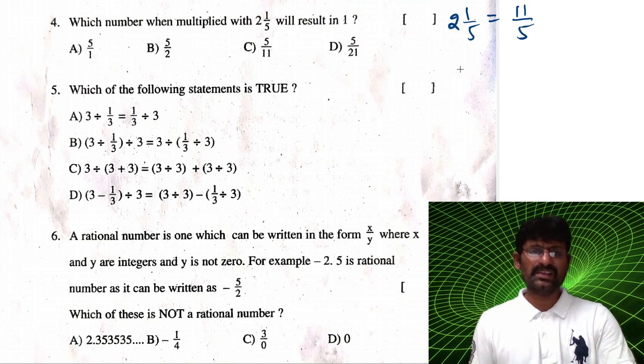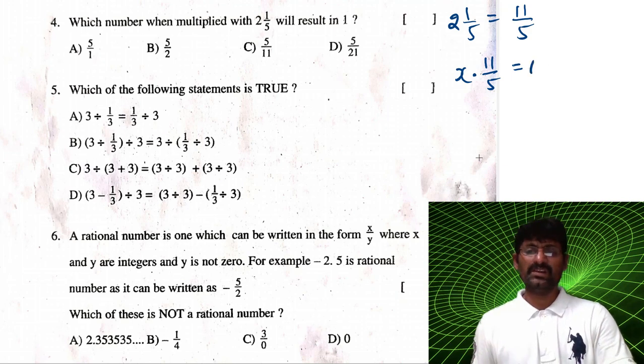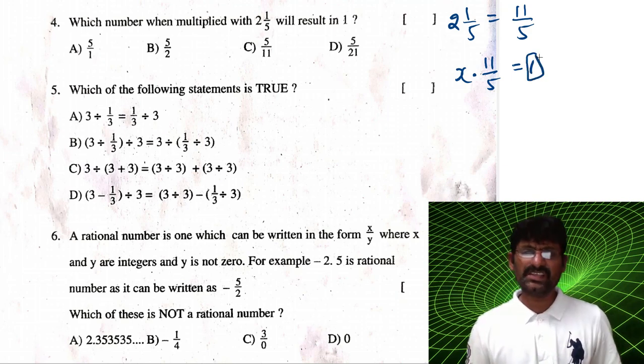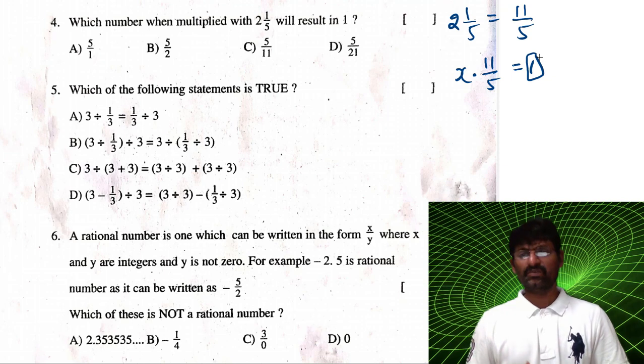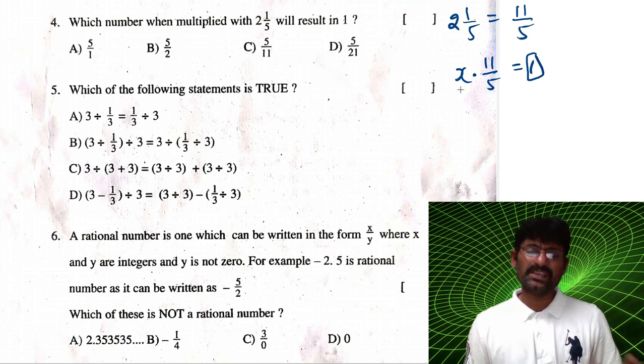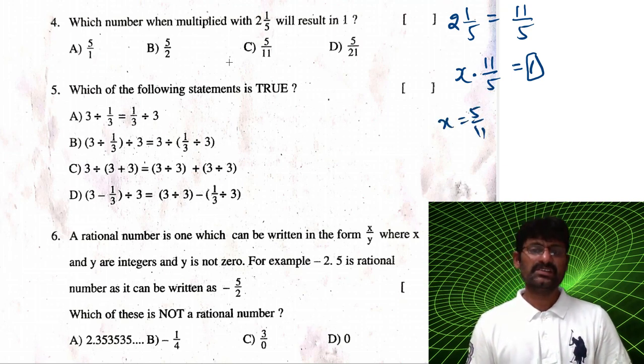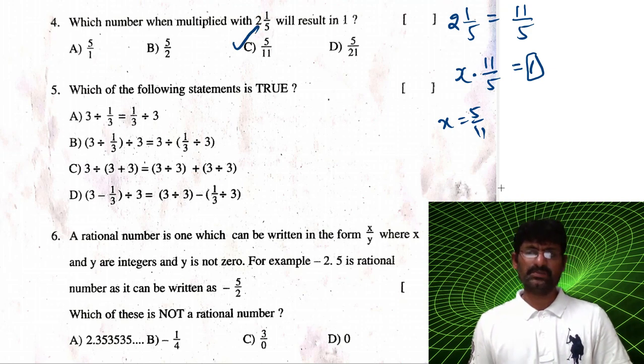Suppose the number is x. x multiplied with 11 by 5 results in 1. 1 is the multiplicative identity we know. So x is the multiplicative inverse or reciprocal of 11 by 5. So x equals 5 by 11. C is the correct option.